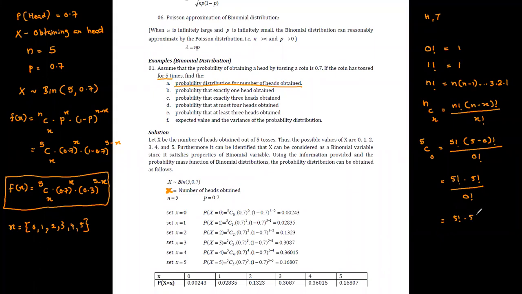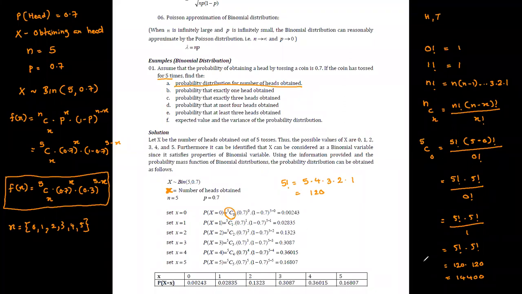I will find the 5 factorial value later. 0 factorial is 1, so we get 5 factorial into 5 factorial. 5 factorial is 5 multiplied by 4 by 3 by 2 by 1, which is 120, so we get 120 into 120, giving 14,400.